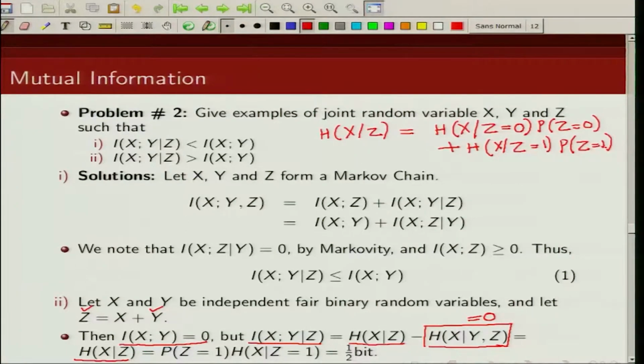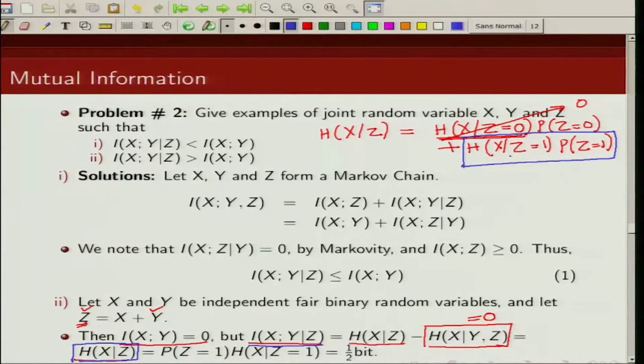Now, what happens when z is 0? When z is 0, since x and y are binary random variables, we know y will also be 0. So, there is no uncertainty in x when z is 0. So, this term again goes to 0. Then the mutual information, which is this term, is equal to this quantity.